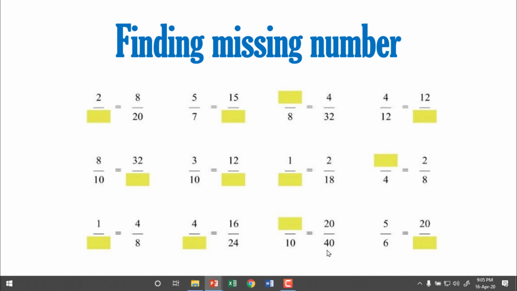That means if we divide 40 by 4, we will get 10. So we have to do the same thing with the numerator. As we divide the denominator by 4, we have to divide the numerator also by 4. So if we divide 20 by 4, we will get 5. So the missing number will be 5. Like this, you will do it by yourself.